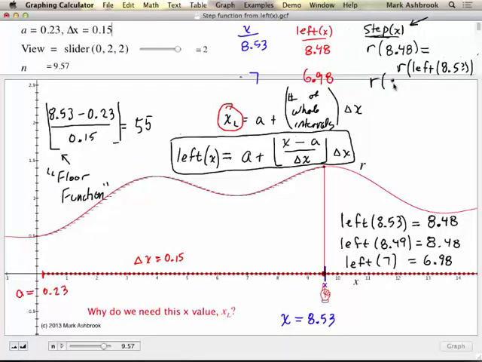R of 6.98, which we could also write R of left of 7. Left of 7 will give us the 6.98. R of 6.98 gives us the pretend rate at 7.